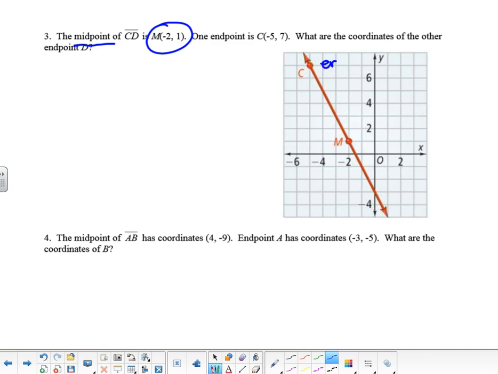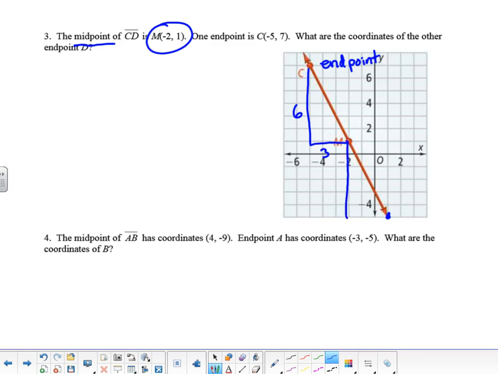Okay, we have an endpoint right here at C. So let's count down and let's count over. 1, 2, 3, 4, 5, 6. So we want down 6, over 3. That got us to the middle. Well, how are we going to get to the other side? Do the same thing. Down 1, 2, 3, 4, 5, 6, over 3.